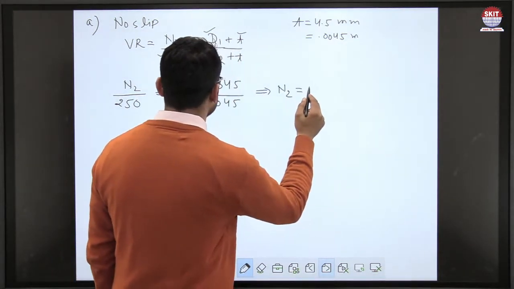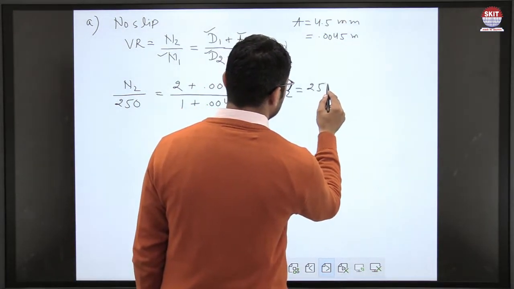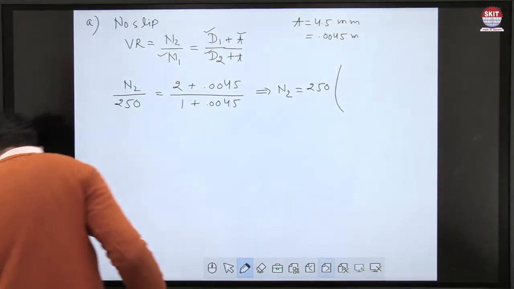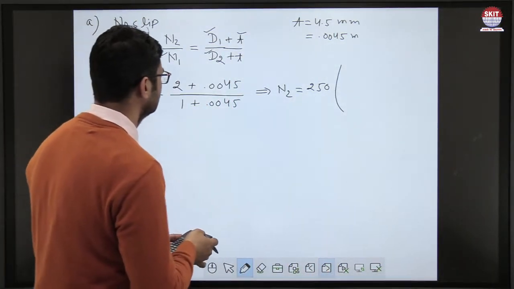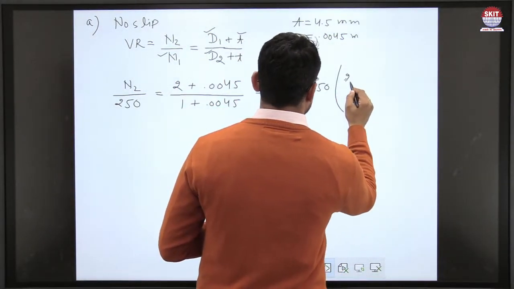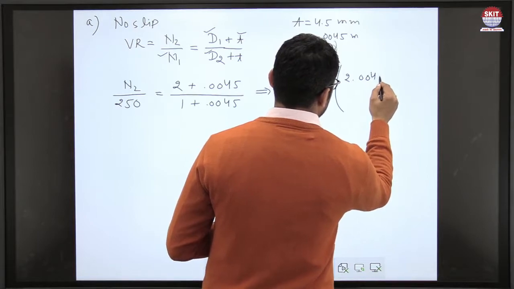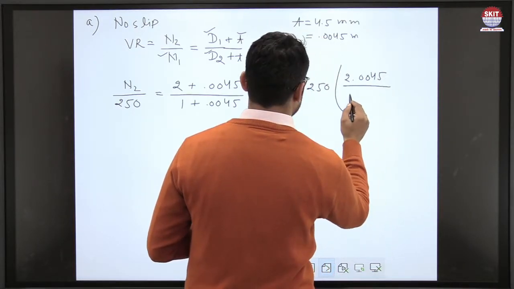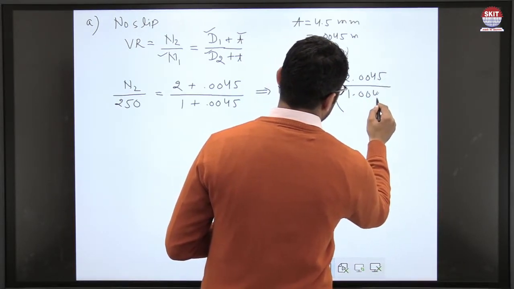N2 equal to 250 times 2.0045 upon 1.0045.